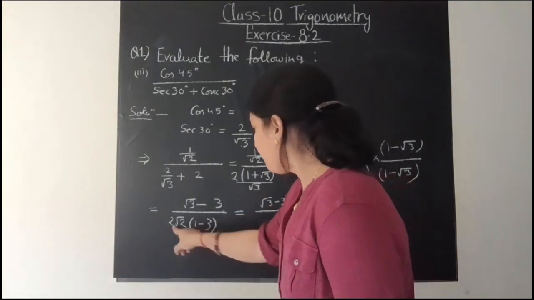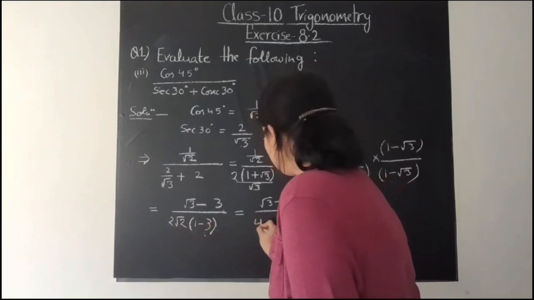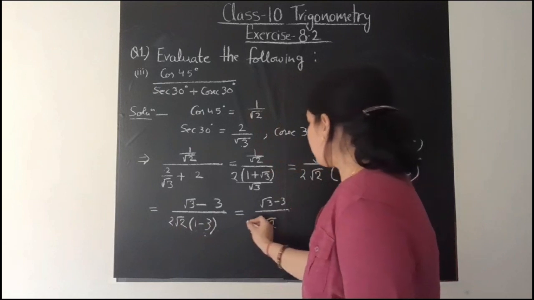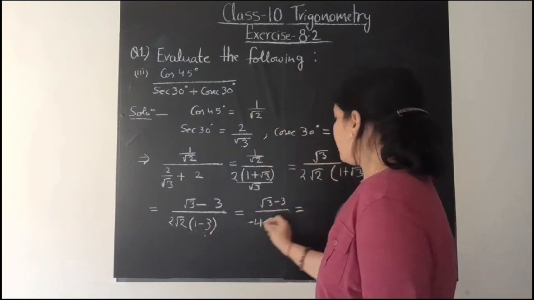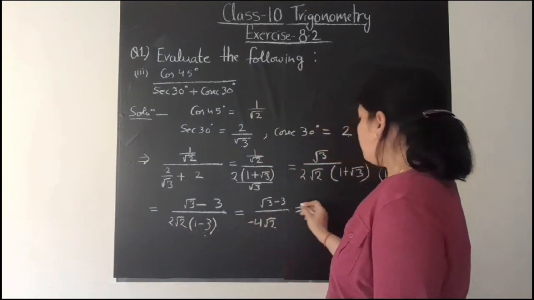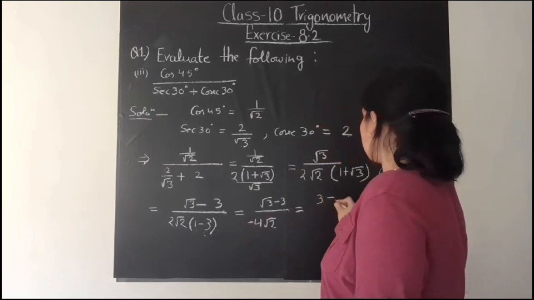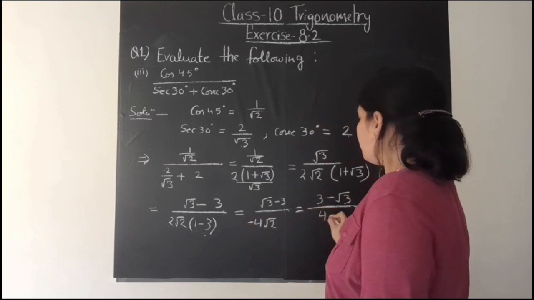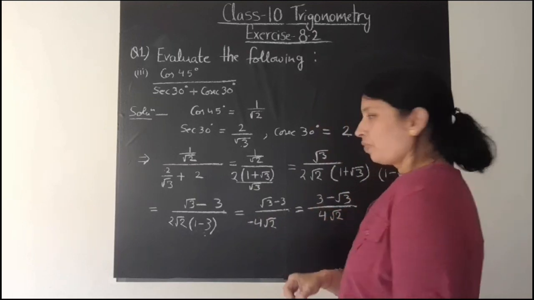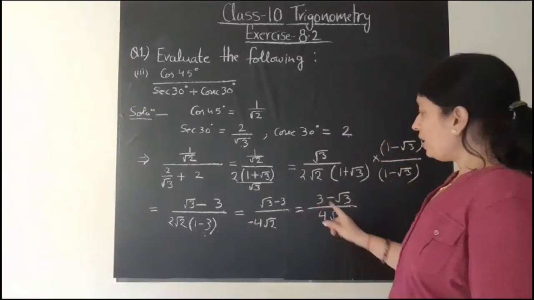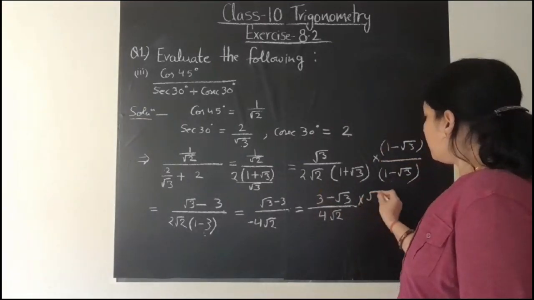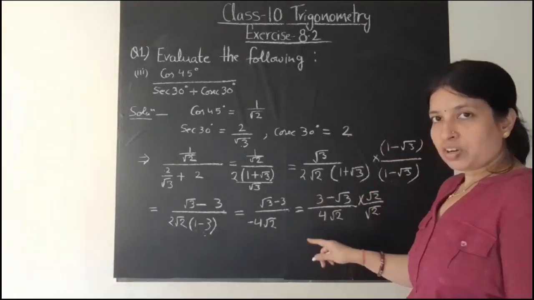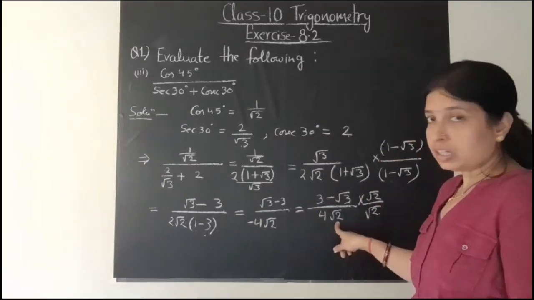So multiply here 2 into 2 is 4 root 2, and minus 4 root 2. So write here, now we can write 3 minus root 3 divided by 4 root 2. Okay, so multiply here by root 2 and here also by root 2 because we want to remove this root 2 here.